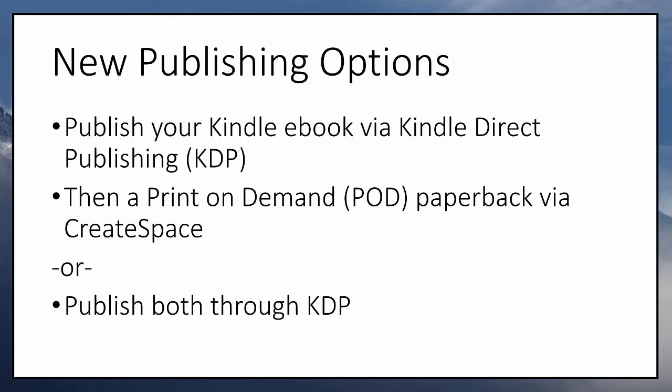There are also new publishing options. It used to be that I would publish my Kindle ebook via the Kindle Direct Publishing web-based interface, and then, in a later step, I would publish my print-on-demand paperback via CreateSpace. Now you have the option of doing both through KDP.